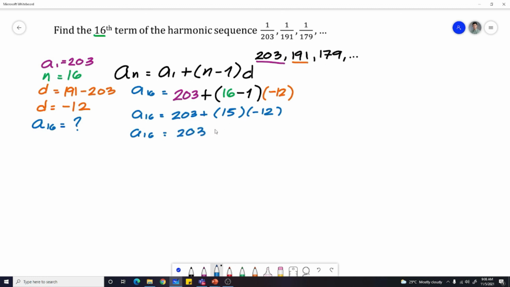That will give us negative 180. 203 minus 180 is 23. And to get the 16th term of our harmonic sequence, we need to get the reciprocal of 23. Therefore, a sub 16 is equal to 1 over 23. And that will be the 16th term of our harmonic sequence.